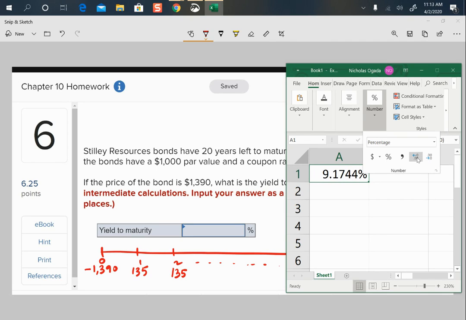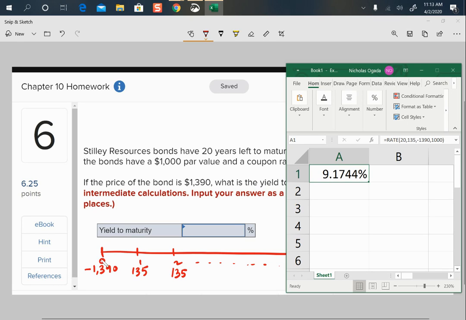So if the question was asking you for 2 decimal places, then you'll just enter 9.17%. Again, it's an easy process if you use Excel. The key idea is you need to determine what the variables are. The present value is given to us, and we have to enter this as a negative value because that's what you pay when you buy the bonds.